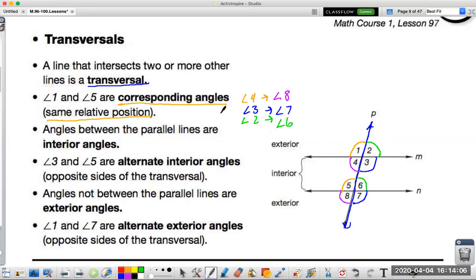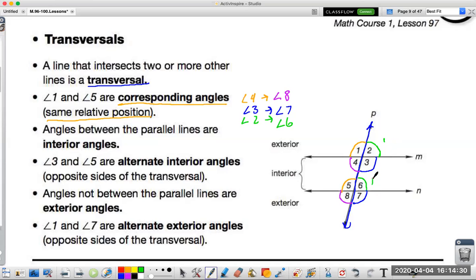Okay, so those are all corresponding angles. They have the same relative position. That's the top right corner of this circle, this 360 degrees right here, this top right quadrant. Same down here, you've got this top right corner.